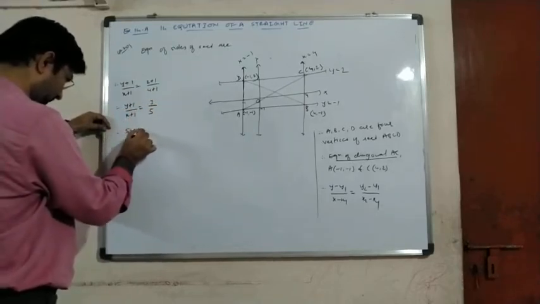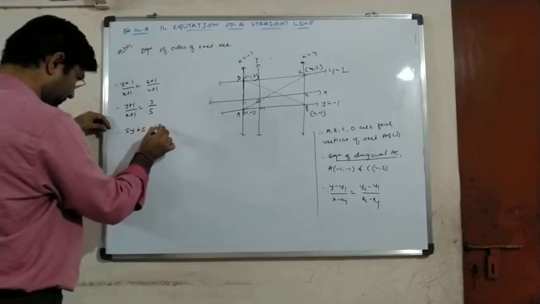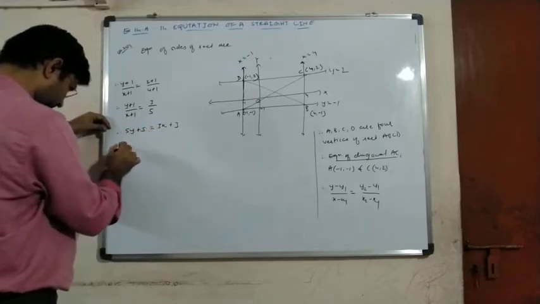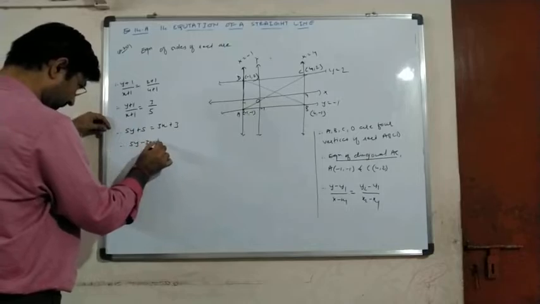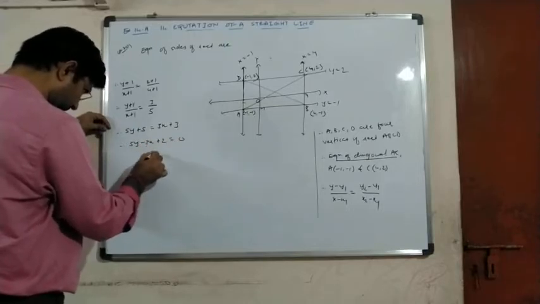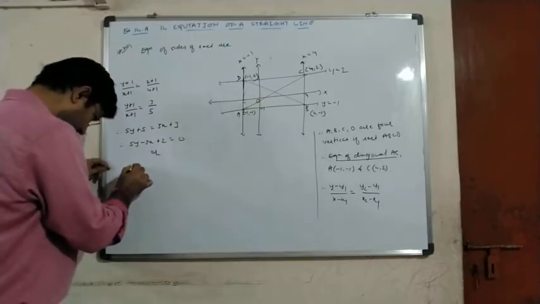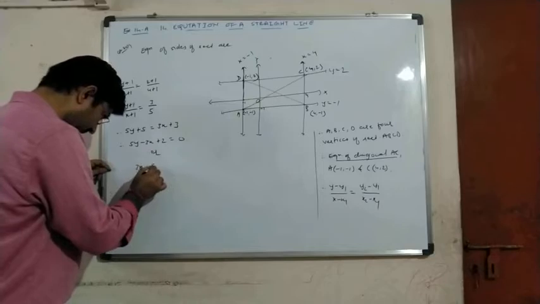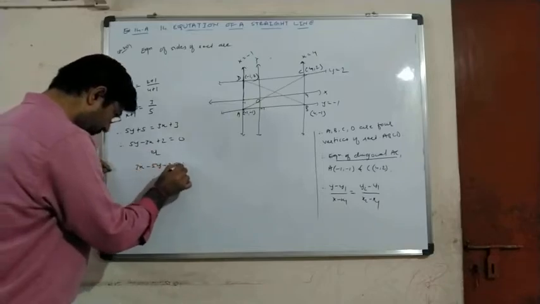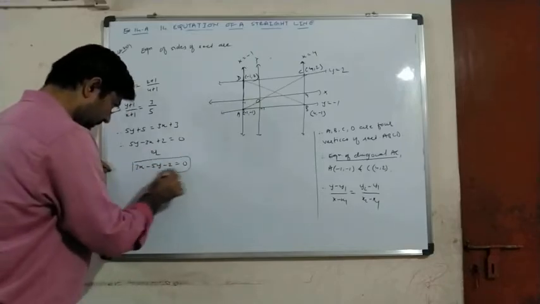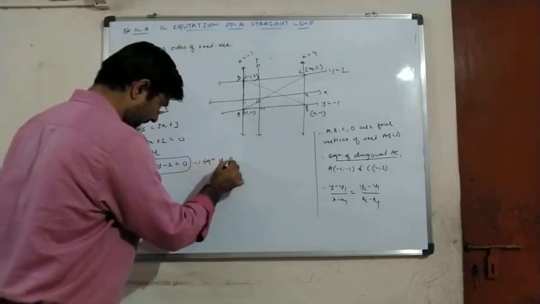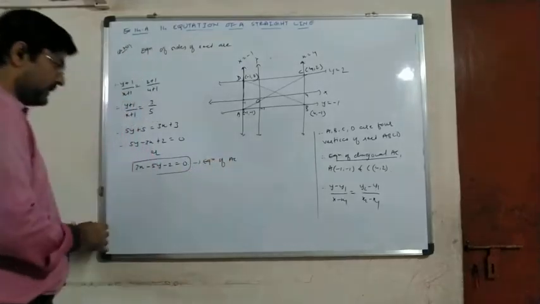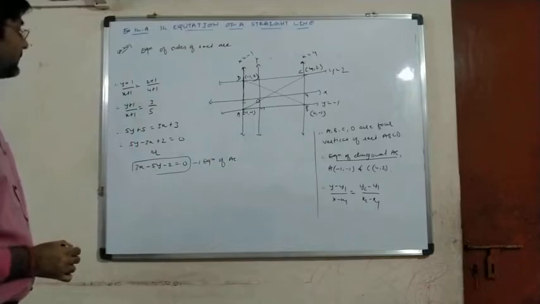Therefore 5y plus 5 is equal to 3x plus 3. Therefore 5y minus 3x plus 2 is equal to 0, or 3x minus 5y minus 2 is equal to 0. This is the equation of diagonal AC. Yes or no? This is the answer number 1.